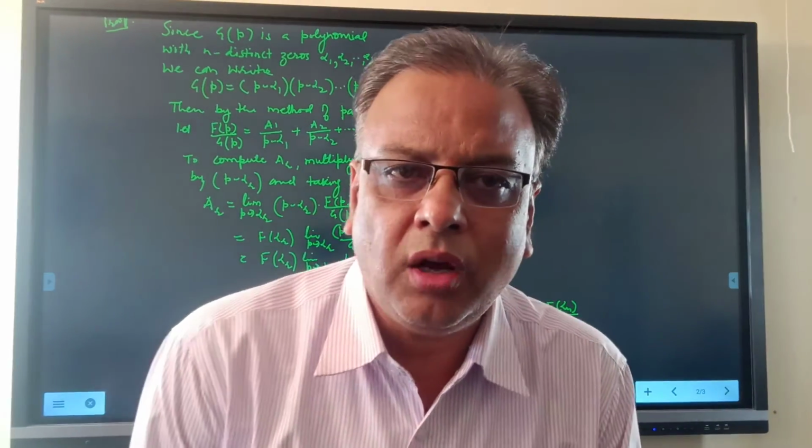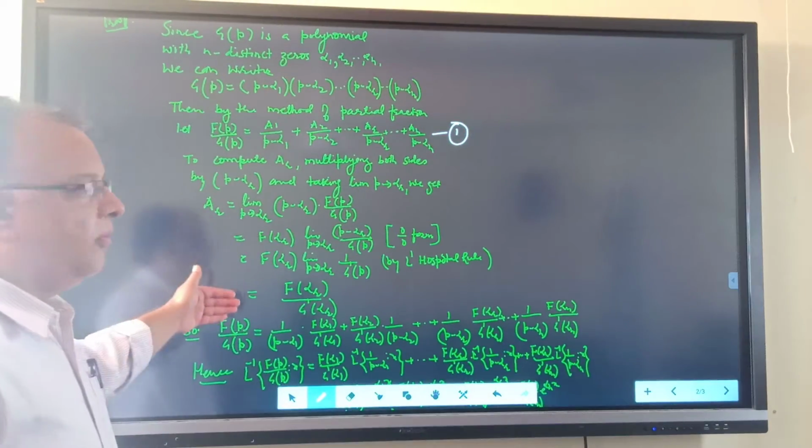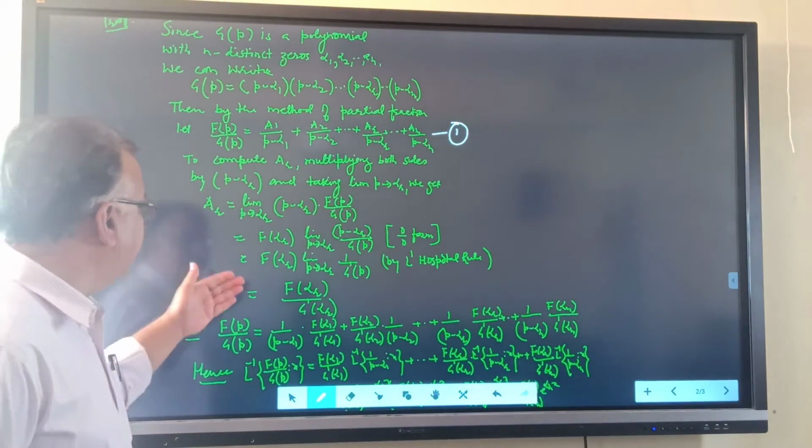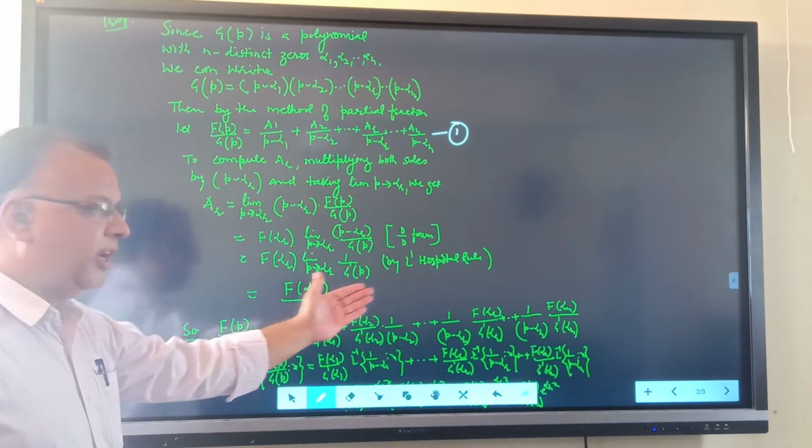So we find the values of all these constants A r. We get the values of A r as f of alpha r upon g dash alpha r.